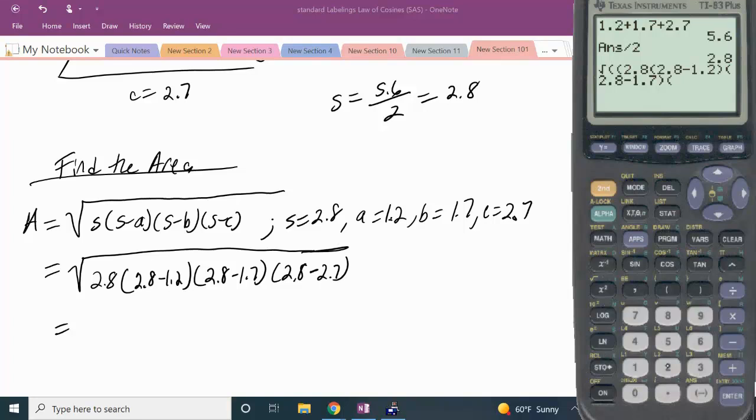I'm going to open up another set of parentheses, 2.8 minus 2.7. I'm going to close that off. I'm going to close off my square root. And we have an area of 0.70.